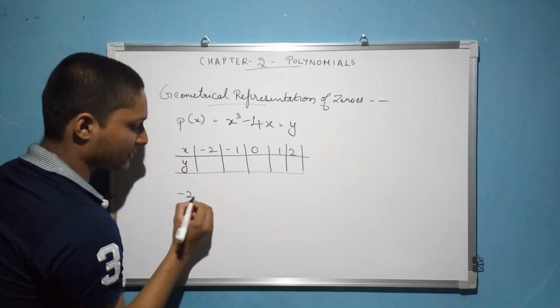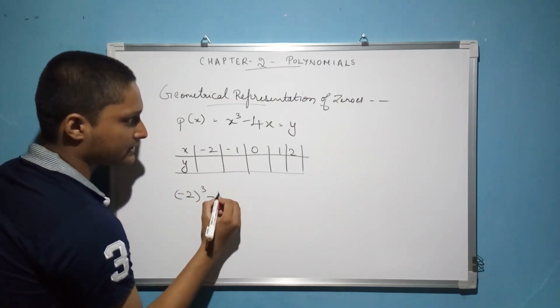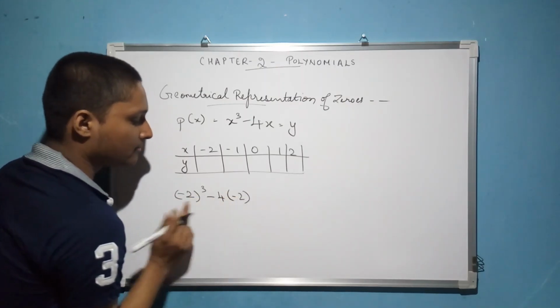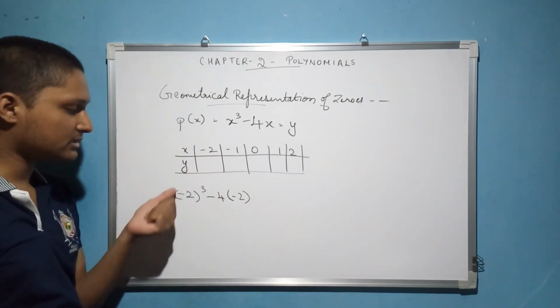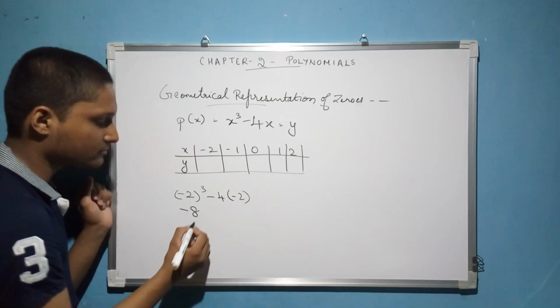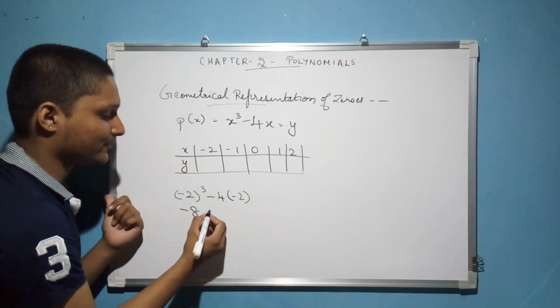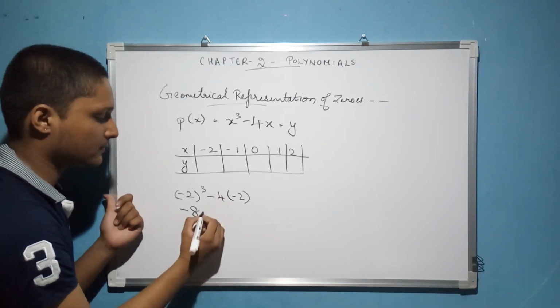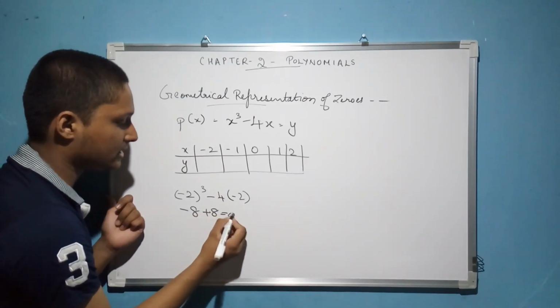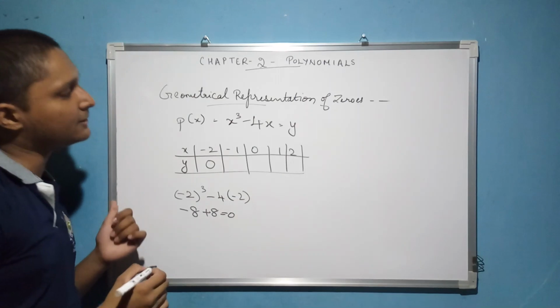For -2, that becomes (-2) whole cube minus 4 into -2. (-2) whole cube is -8. This is -4 into -2. Minus of minus is plus 8. This comes to be 0. Okay, you have 0 now here.